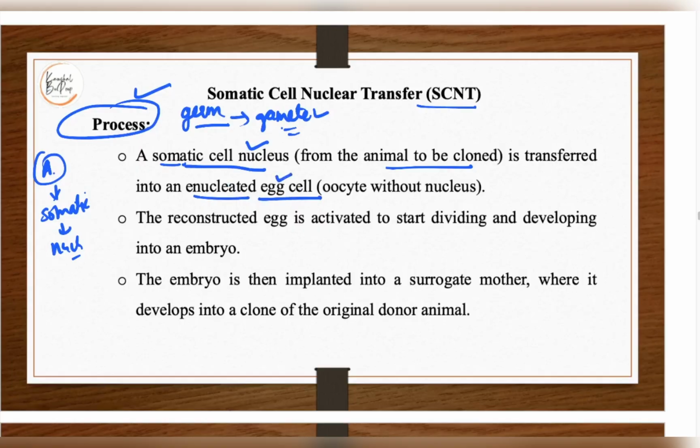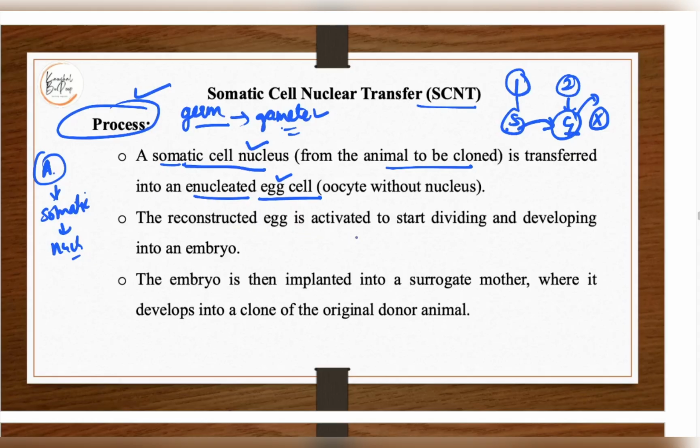Egg is a germ cell, so in one organism you take the somatic cell, in another the germ cell. This oocyte has no nucleus because you have enucleated it with a certain technique. You take the nucleus and enter it into the egg. The nucleus contains the genome, so now this germ cell will have the genome of the somatic cell, right?